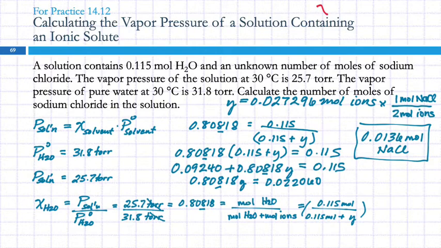You could think of your mole fraction of water as being the moles of water divided by the moles of water plus i times the moles of NaCl. You could do it that way. That would work also. But it's not as simple as just throwing an i in there like the other ones. Yeah. Any other questions?